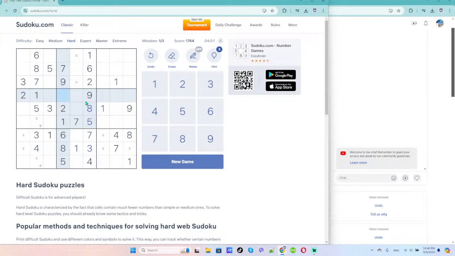Okay, so in this column, a 3 and a 4 are missing, so I know that I have a pair of candidate numbers. Regarding these two cells, we have another candidate whose name is number 6. 6 can go either here or here, so I write it down.